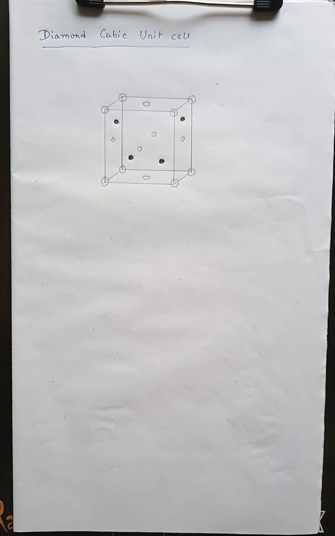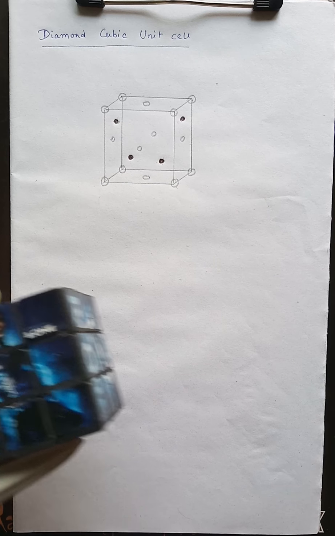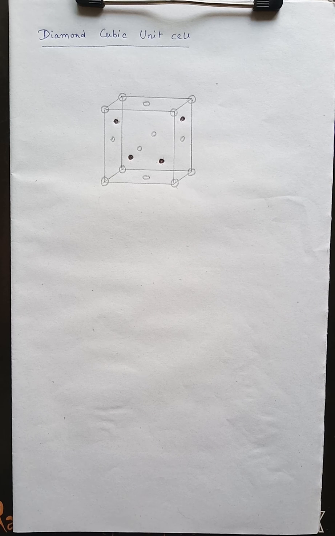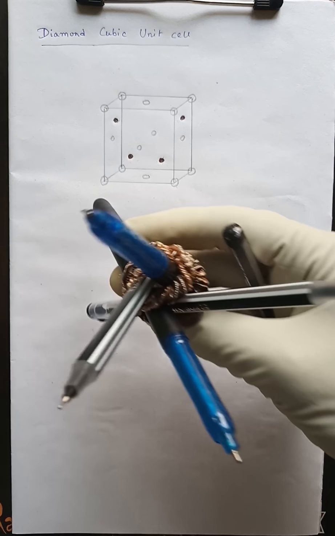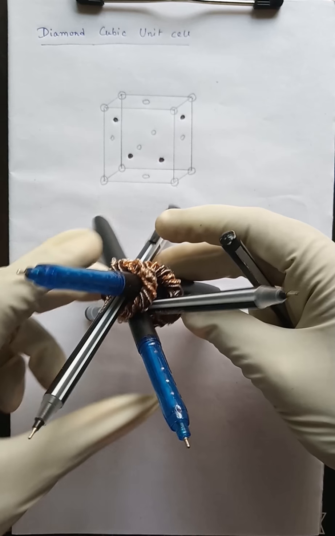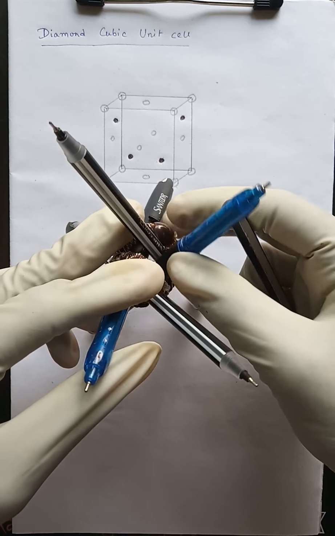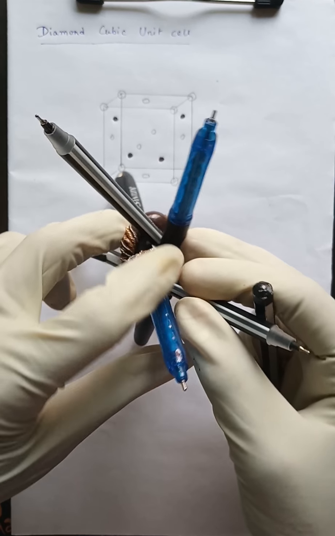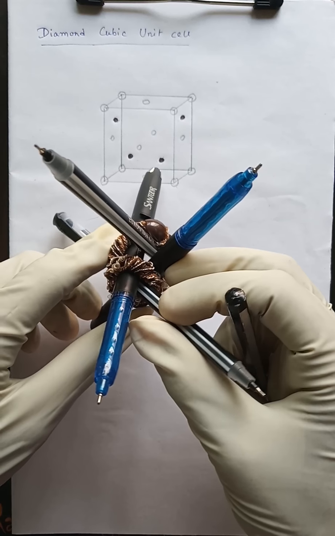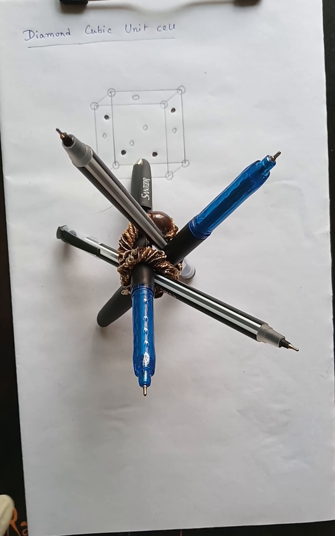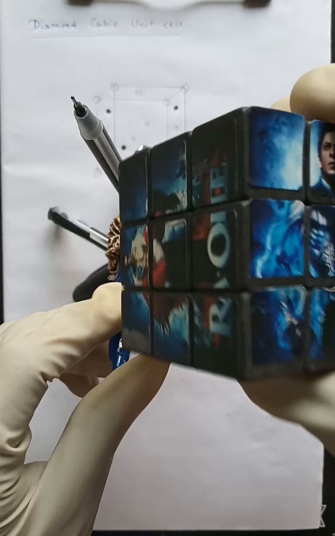Okay, now I'm just trying to show you the body diagonals. Just try to understand this. This is my cube, okay.